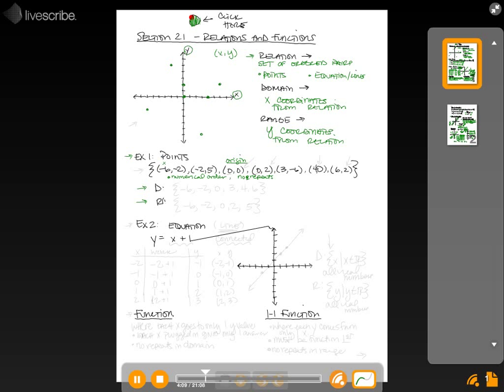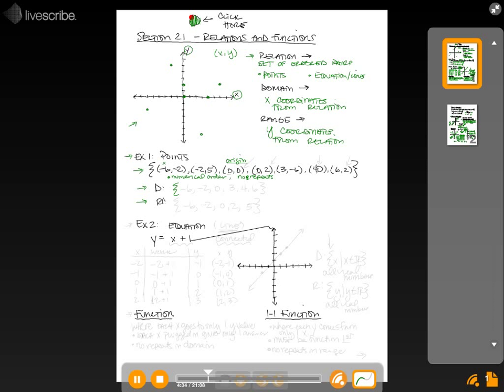We're going to start with the domain, which we just learned is all of the x-coordinates. So I'm going to look at my graph. It's easier for me to look off the graph. You can look off the points. Doesn't matter. All you're going to do is list out the x's. But if I look at my graph, I can go from left to right, the order that they need to be listed in, smallest to greatest, and I can see which values we're going to use. So I'm going to start on the left, and I'm going to go from left to right.